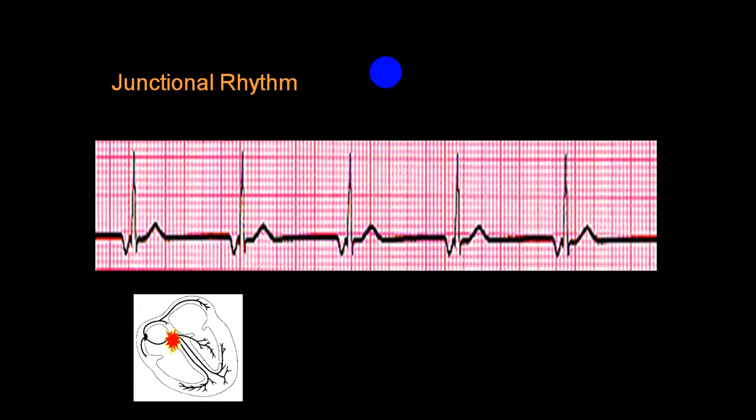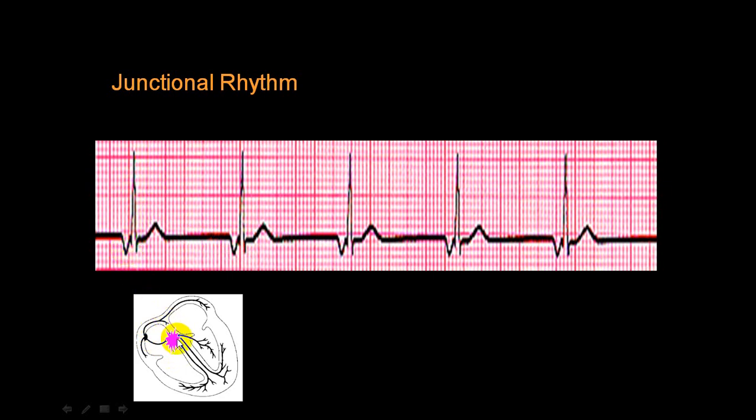Now here you can see there is a narrow QRS complex, and the RR interval is constant. Just before the QRS complex there is a P wave, but hardly any PR interval. This happens in a junctional rhythm, or AV nodal focus. The focus from the AV node generates an impulse which goes to the atrium and produces a P wave.